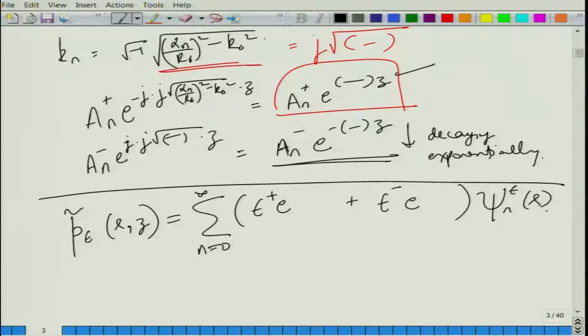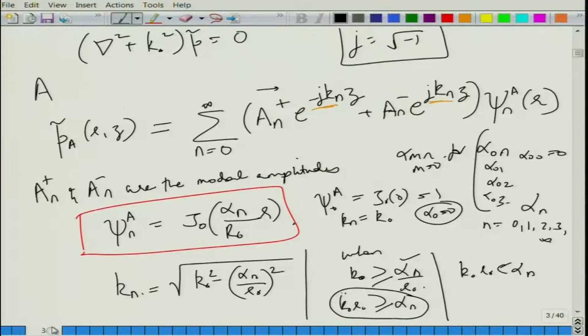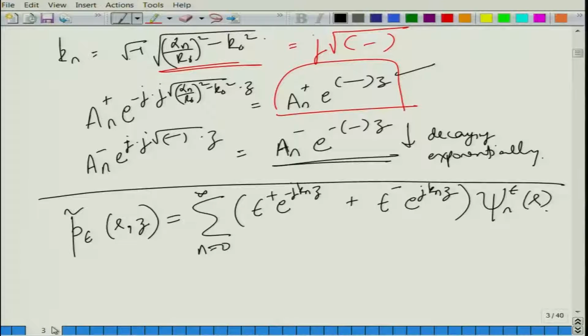So, xi n E and xi n A are pretty much the same. So, here you have your k n z and k n z here. So, we get this sort of a thing, and we have this guy.